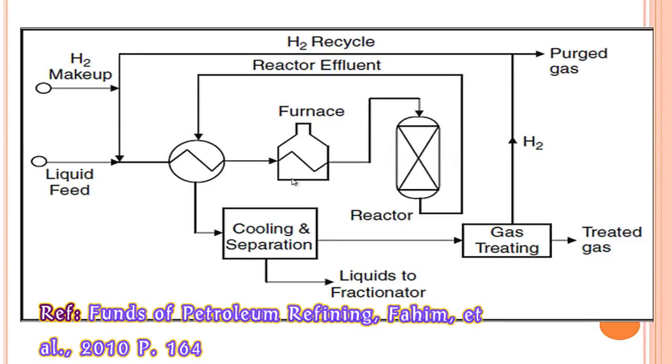Now let's take a look at the process configuration for the hydrotreating process. Okay, we have liquid feed, which will be mixed with hydrogen at this point and fed into the heater trains, including some exchangers and some furnaces, before feeding into a fixed bed catalytic reactor.